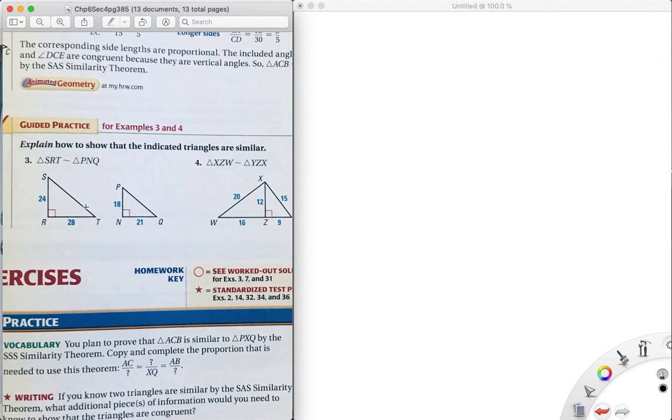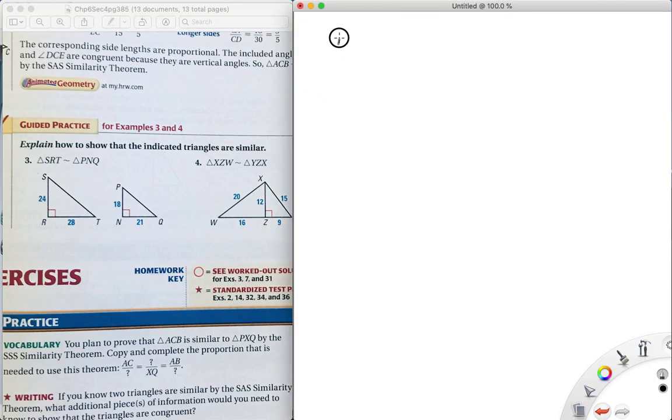We have the two angles here, and they look to be included. So we're going to get a proportion from small to big. So we have the bigger triangle.